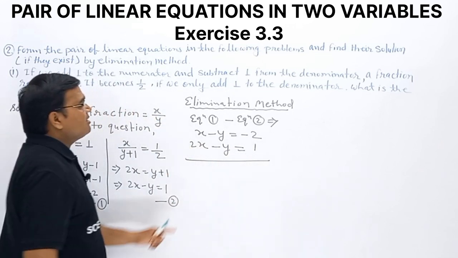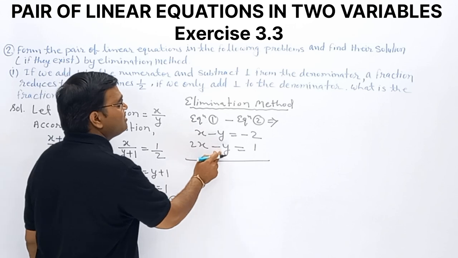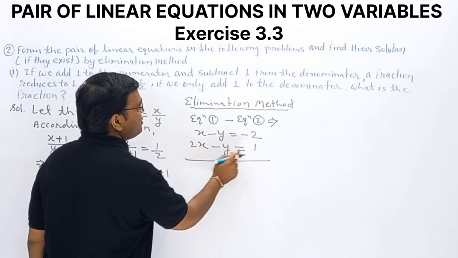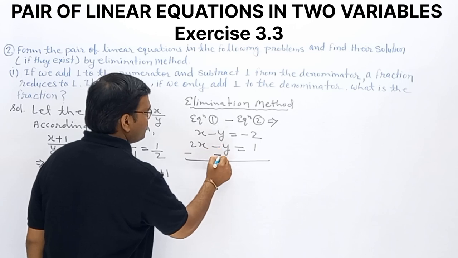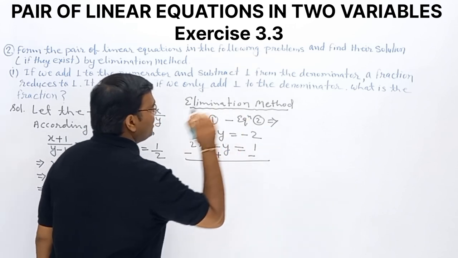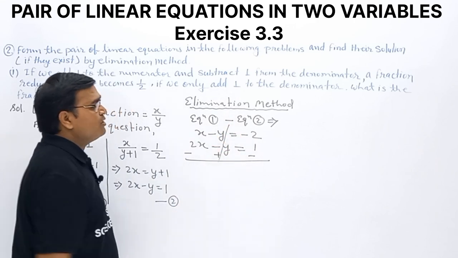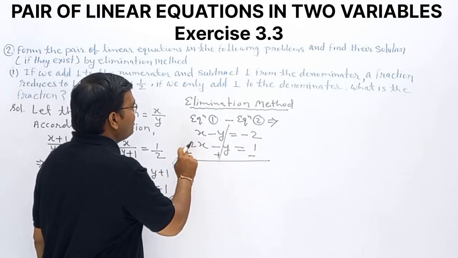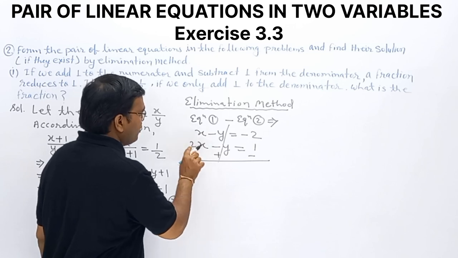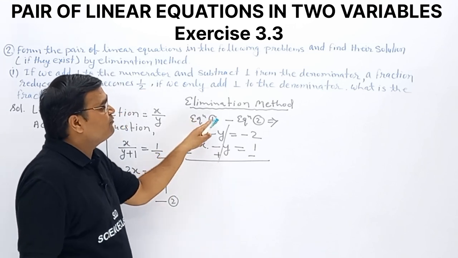But we are subtracting equation 1 minus equation 2, so the sign of this equation will be changed. This is plus, so this will be minus. This is minus, so this will be plus, and this is plus, so this will be minus. Now minus y plus y will cancel each other. Now x minus 2x will be minus x, because we are doing 1 minus 2.